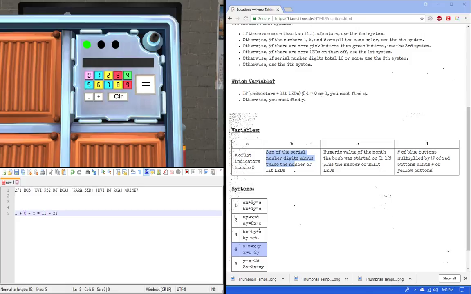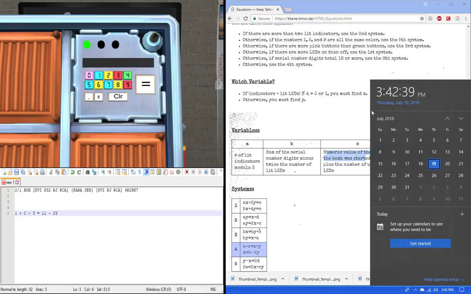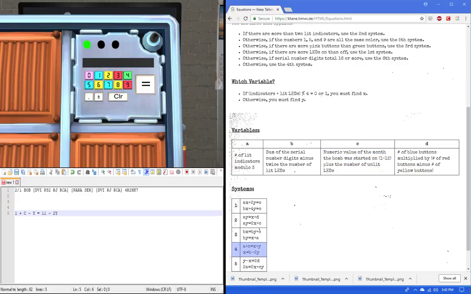And then finally c is going to be the numeric value of the month the bomb was started on plus the number of unlit LEDs. So we started on the 7th month, and we have to add 2 because there are 2 unlit LEDs. So that's going to be a 9. Let me do some simple math. We can add 1 and 9, that gives us 10 minus y equals 11 minus 2y.